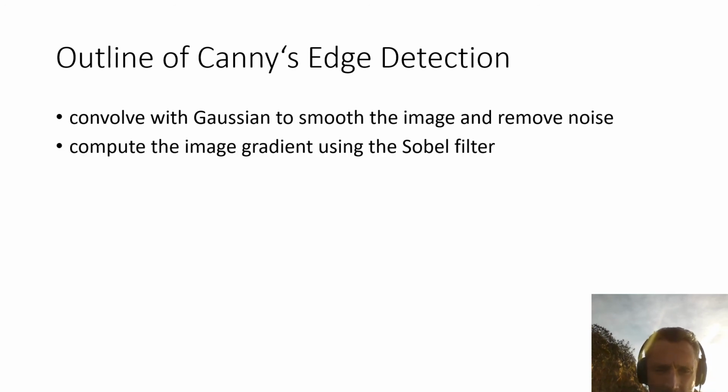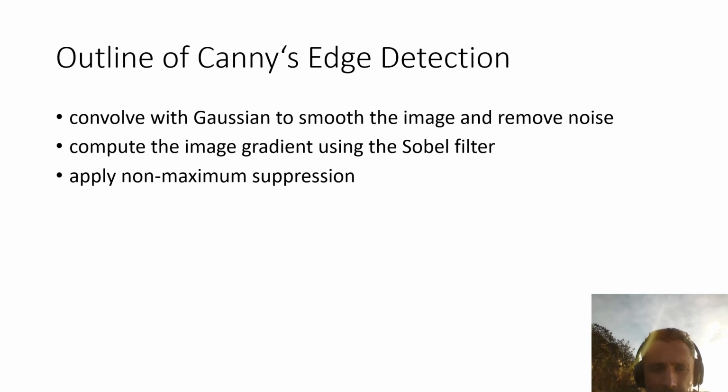We'll then compute the image gradient using the Sobel filter, as we have seen, and then apply a non-maximum suppression. So whatever we think is an edge doesn't need to be described by many more pixels than the minimum set, and we'll see how we do that.